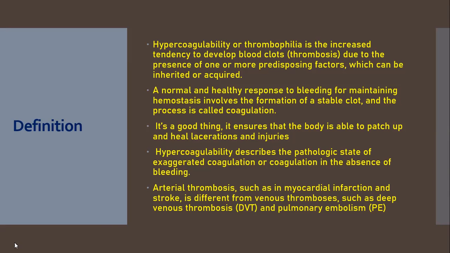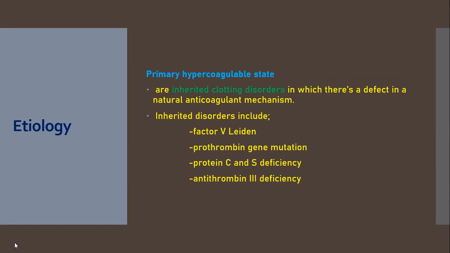The patient may usually present with pain or swelling in the affected limbs, and sometimes part of this venous blood clot can break off and travel to the lung, and that's where it becomes a pulmonary embolism. And hypercoagulability describes the pathologic state of exaggerated coagulation, or coagulation in the absence of bleeding.